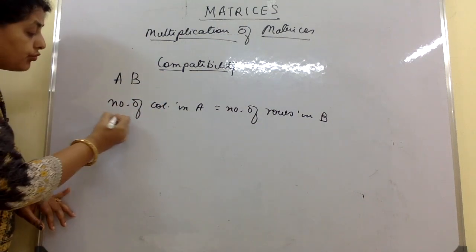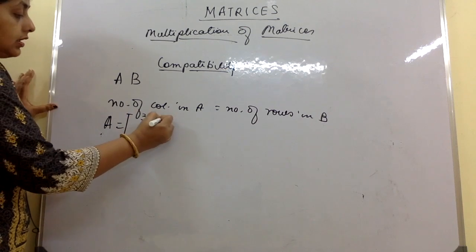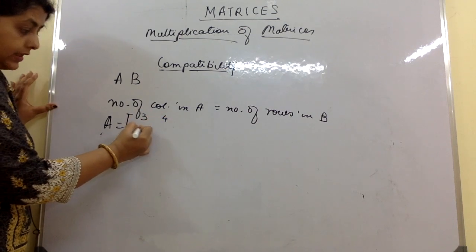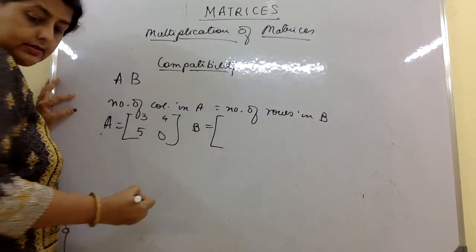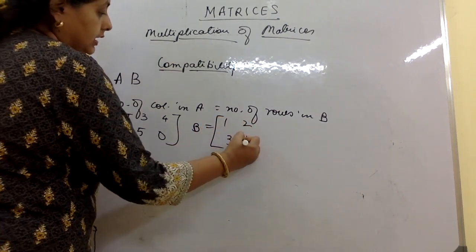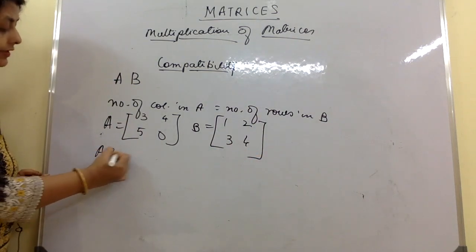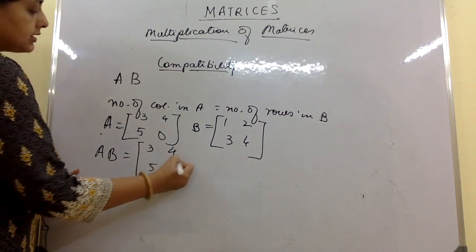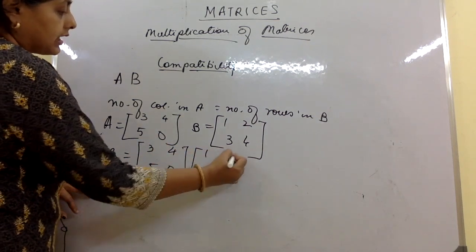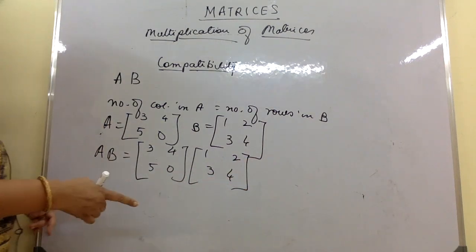Now let me show one. Matrix A, let's say, is 3, 4, 5 and 0, and matrix B is 1, 2, 3 and 4. Now I want to multiply A, B. First thing, till now I never told that you should write the matrices in the proper place, but here I will always tell, whenever there is matrix multiplication, do write them in the proper place.